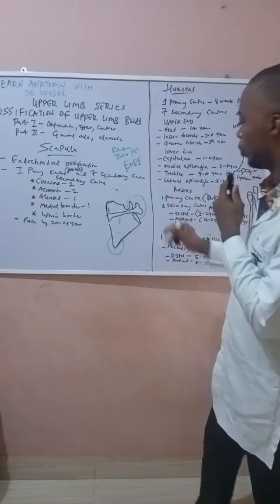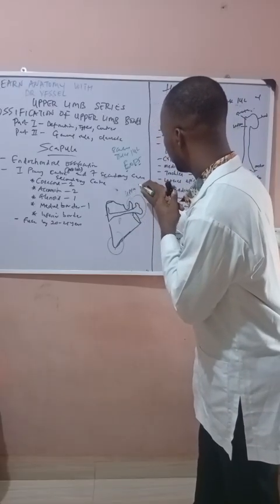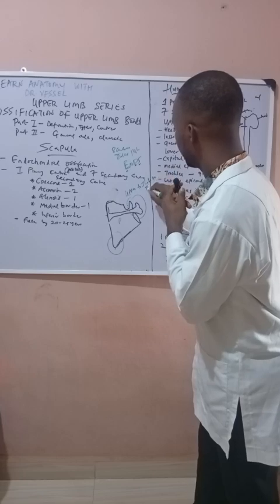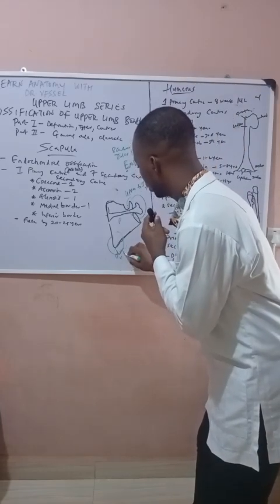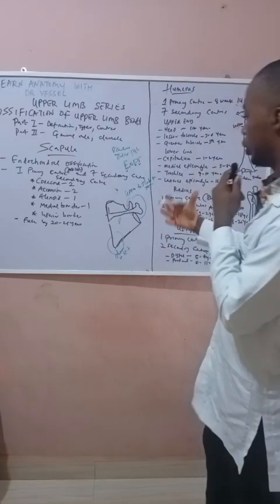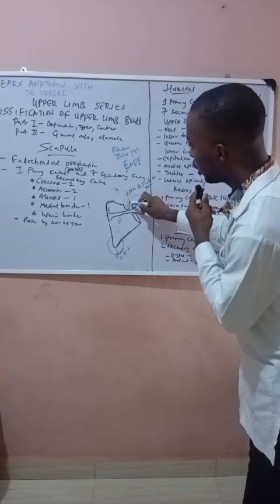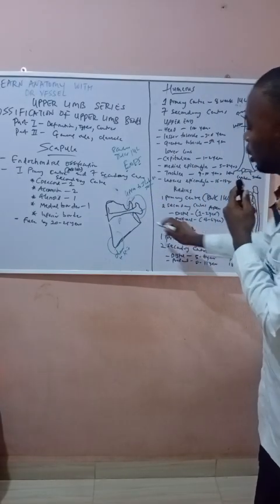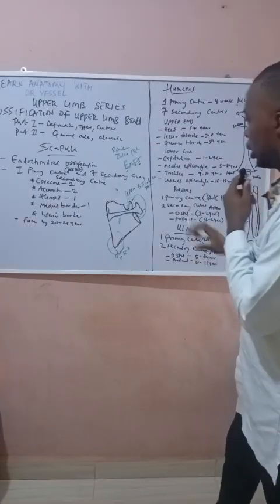So you can think of it as up to the shoulder joint, down to the spine. Up to the shoulder joint will help you know that it is the coracoid, the acromion, and the glenoid that form the secondary centers for the scapula.